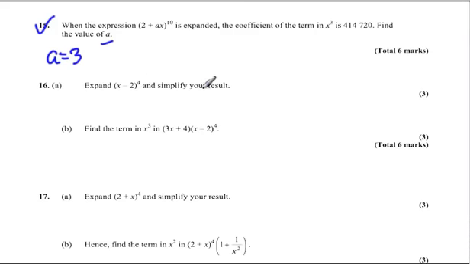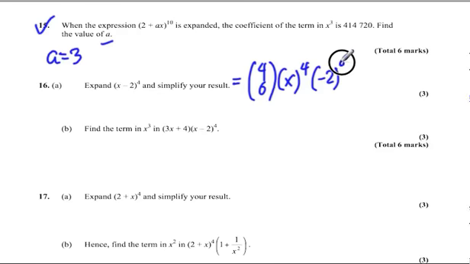So if we expand that, I'll just expand it the normal way. So it's equal to 4 choose 0, x to the power of 4, and negative 2 to the power of 0.